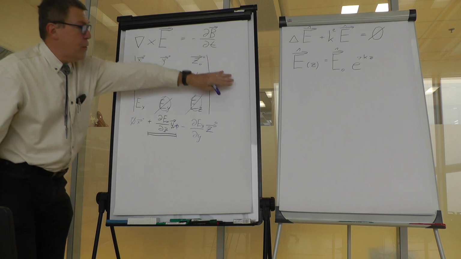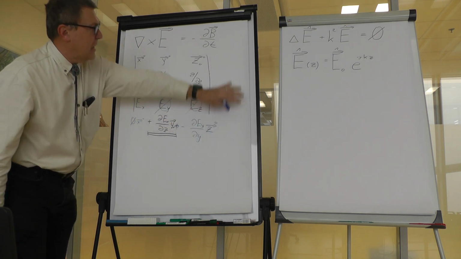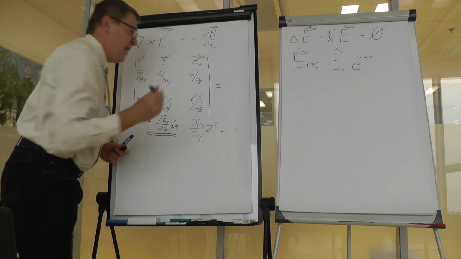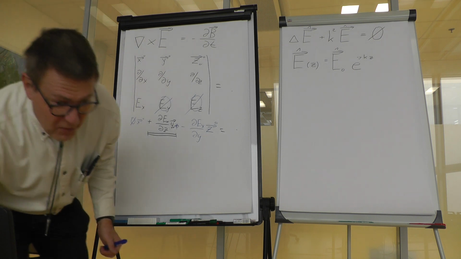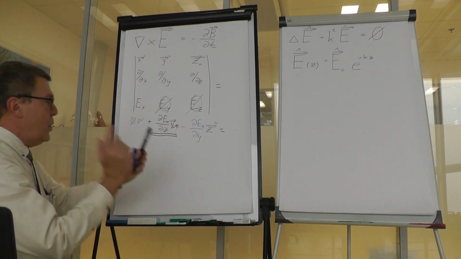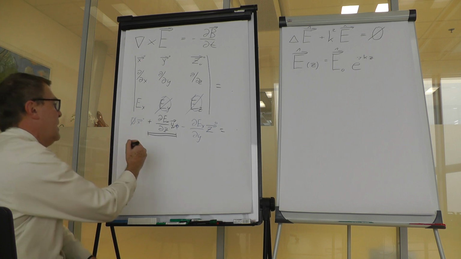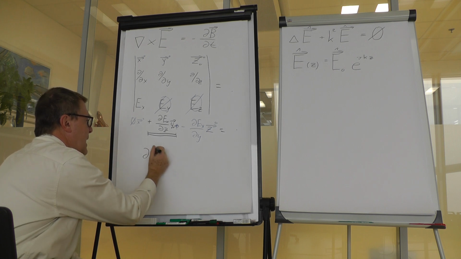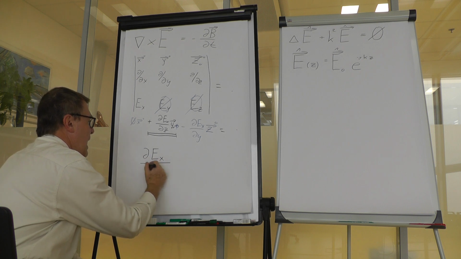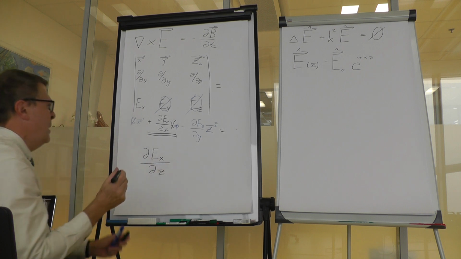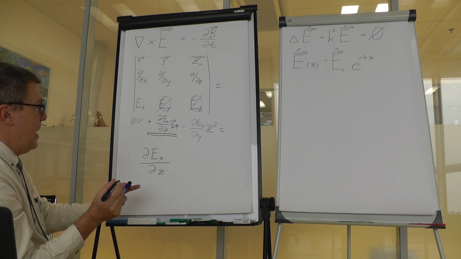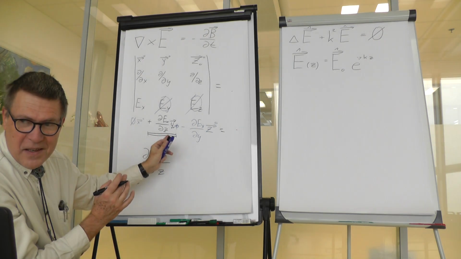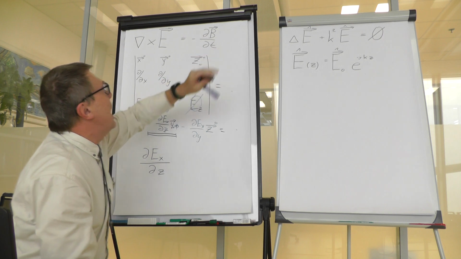Just, we should have written here the right side of the equation. And now I will write it properly to a new line. So our new equation we have obtained is the following one. It's a partial derivative of Ex against z, and now it can only be dependent on the y component of the right side.